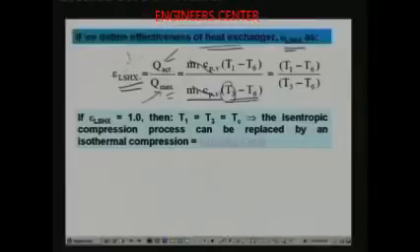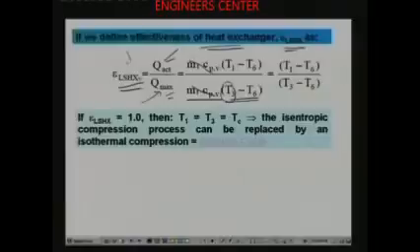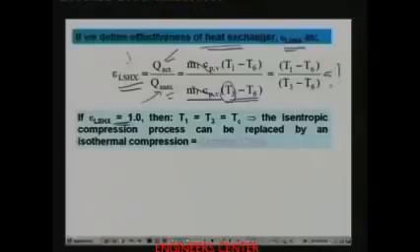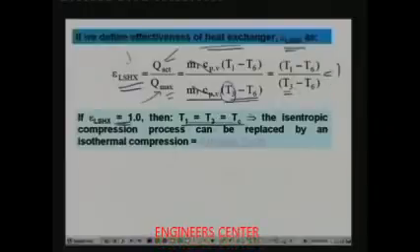How do you evaluate effectiveness in terms of other design parameters? Now, if you take a hypothetical case where you have a perfect heat exchanger whose effectiveness is 1, that means this is equal to 1. If this is equal to 1, what happens? T1 will be the same as T3. And what is T3? T3 is nothing but the condenser temperature.